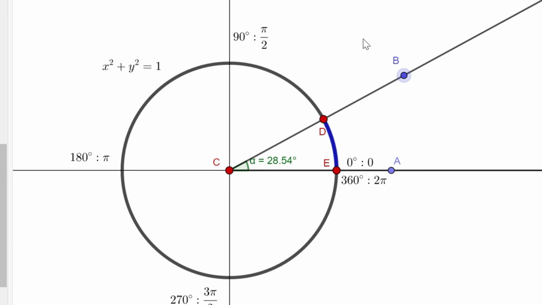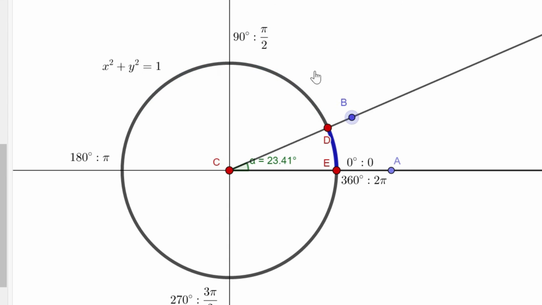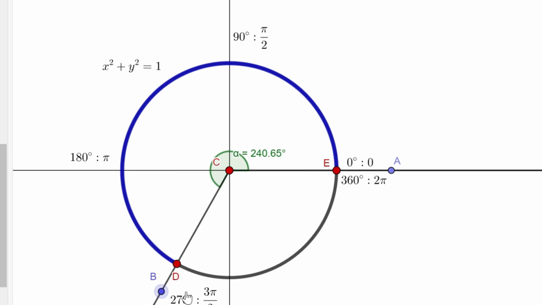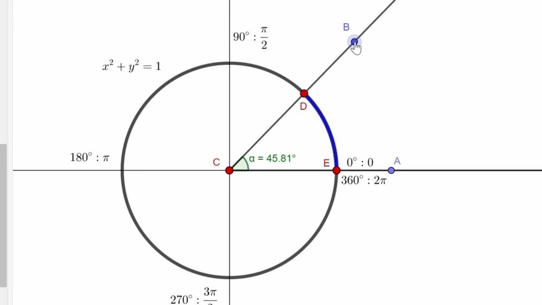And I think that you can see now that it is perfectly logical to jump from degree measures to radian measure, because as we rotate the terminal side of our angle, that rotation is actually tracing an arc with a particular length.